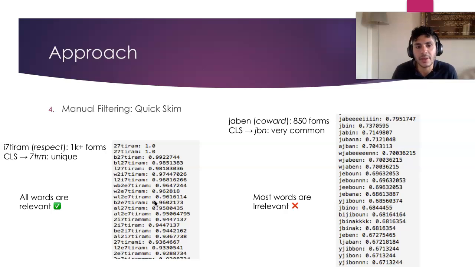As such, one native student eliminated the words that were irrelevant, meaning if a word mapped with lots of irrelevant words, they would only look at these matches and say whether this is a good induction or a bad induction.